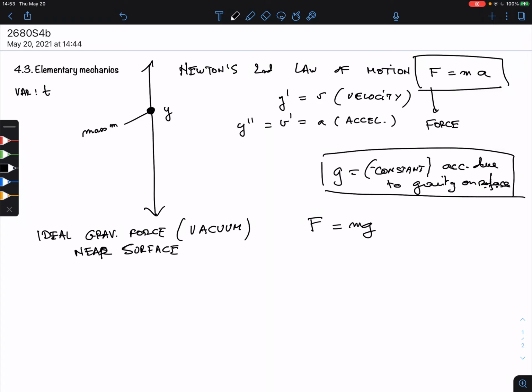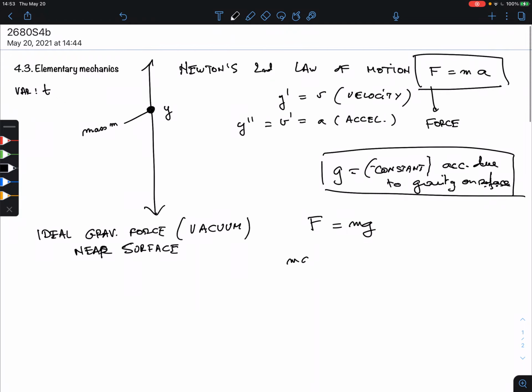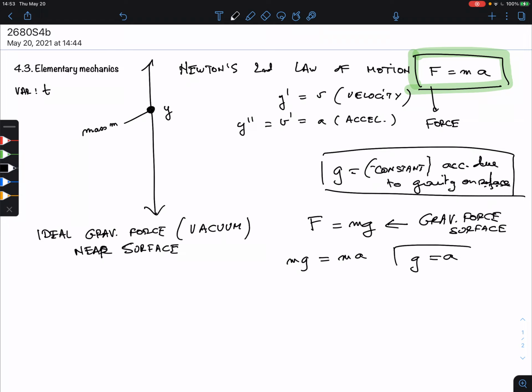Okay, so if we do this in the second law of motion, the force is a constant force, that is m times g, and now we have to equate these things. Remember, let me box this one here, this is the law of motion, the gravitational force on the surface. So mg is equal to ma, and we see therefore that g is a.